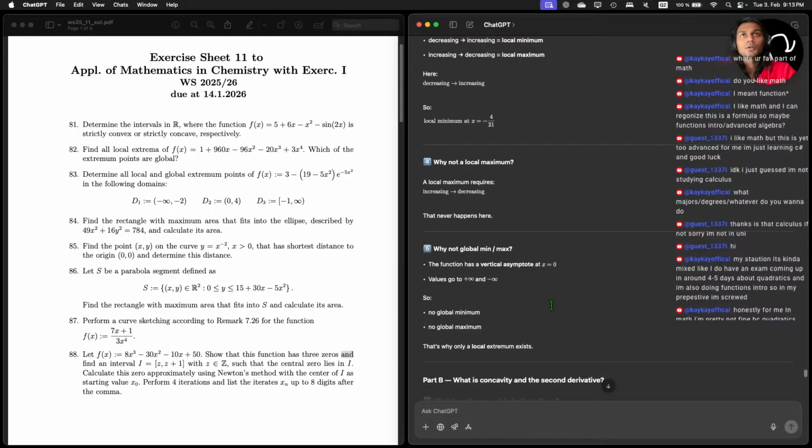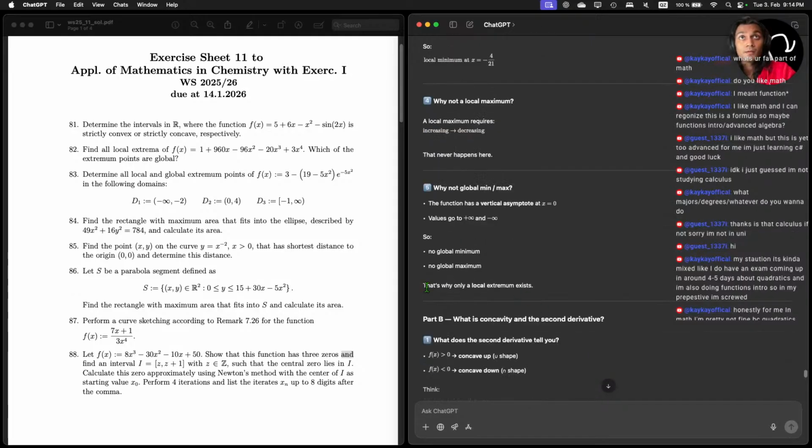No global minimum. Now, the most interesting part is, will I remember all these during the exam? Will I remember that a global maximum or minimum does not exist when there is a vertical asymptote? That's why only a local extremum exists.